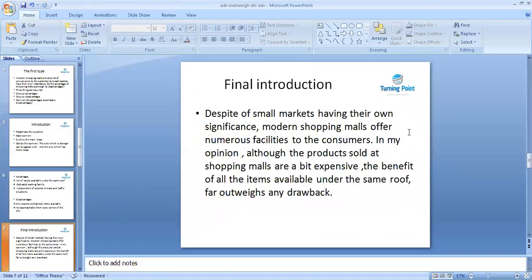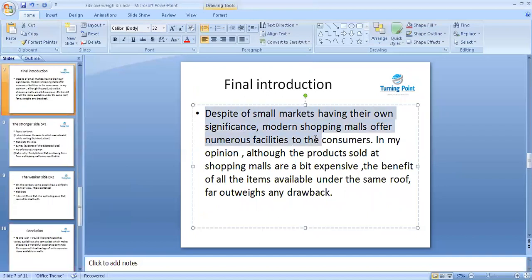So the introduction will be, first of all, I have rephrased the observation: Despite small markets having their own significance, modern shopping malls offer numerous facilities to the customers. Then we will be writing our opinion. So we say, in my opinion, although the products sold at shopping malls are a bit expensive, the benefit of all the items available under the same roof far outweighs any drawback.